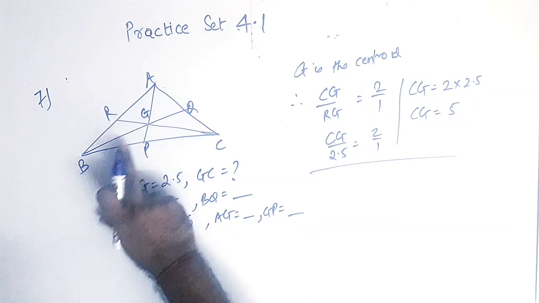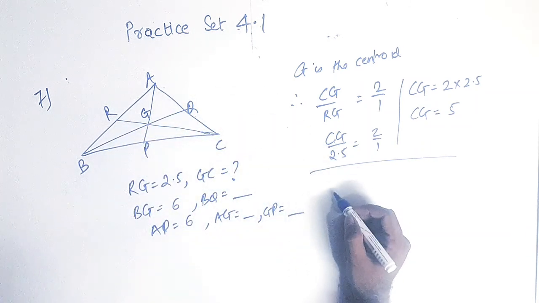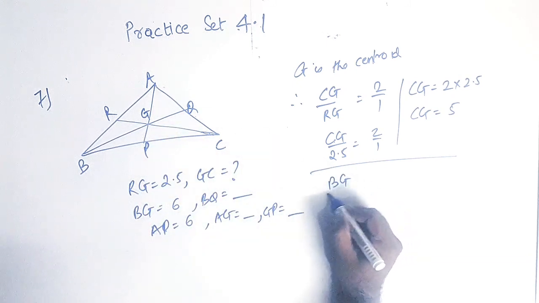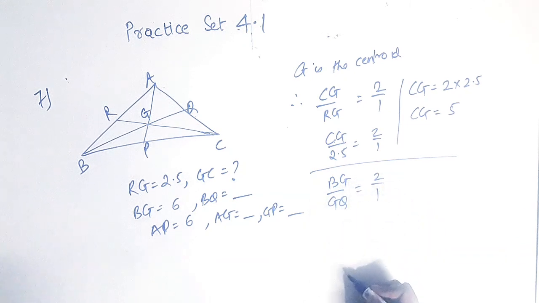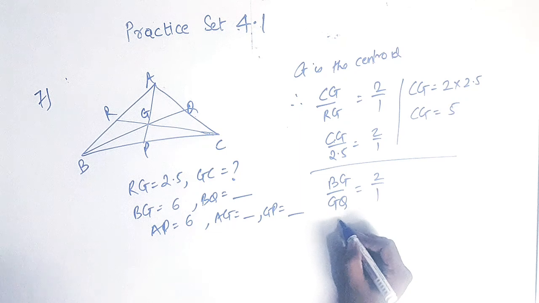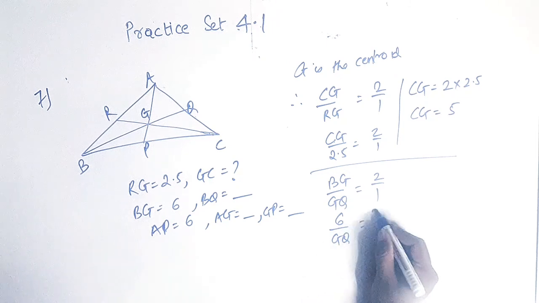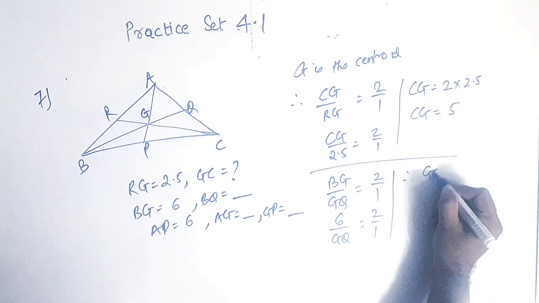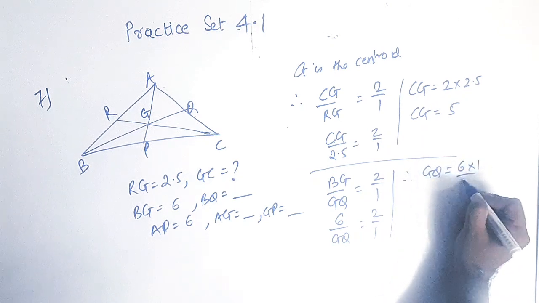Okay, let us move on to another one. BG is 6. What is BQ? So first we will find GQ. Let us say BG upon GQ is equal to 2/1. Now BG is 6, GQ don't know. This is 2/1. Therefore GQ is equal to 6 into 1/2.